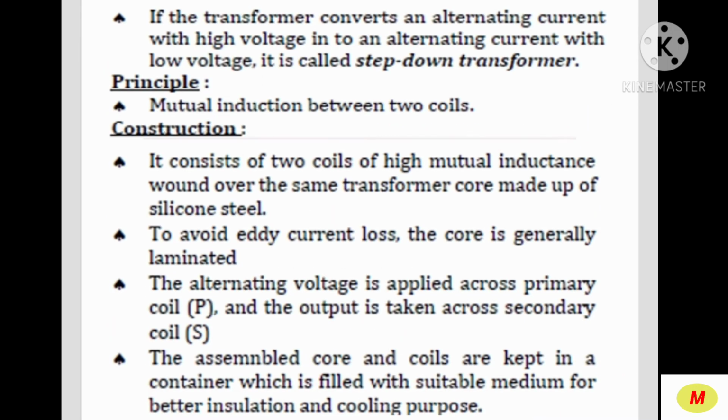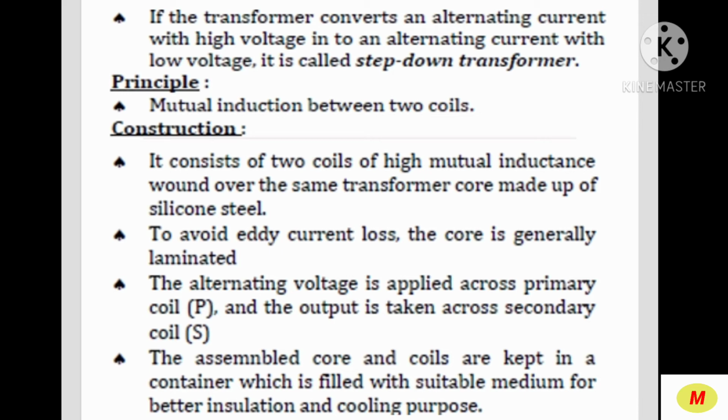If the transformer converts an alternating current with high voltage into an alternating current with low voltage, it is called step-down transformer. The principle behind the transformer is mutual induction between two coils.